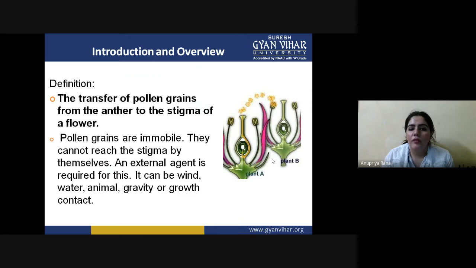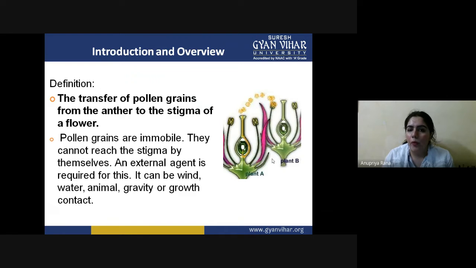They need some kind of external help for the pollination process, as they cannot reach the stigma by themselves. So an external agent is required for this. It can be wind, water, animals, gravity, and growth contact.